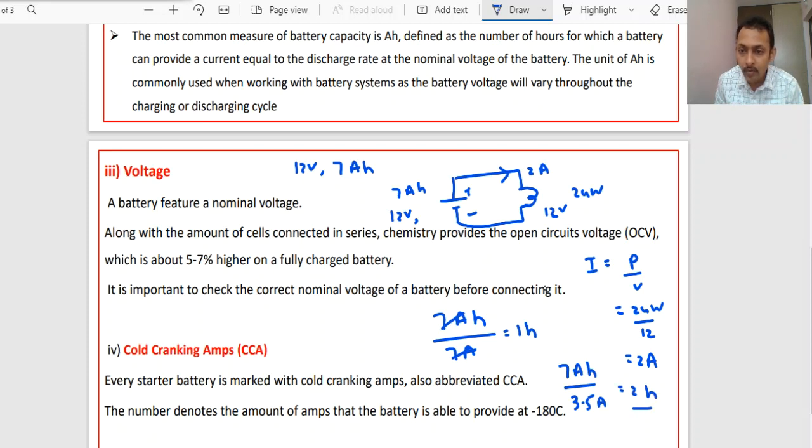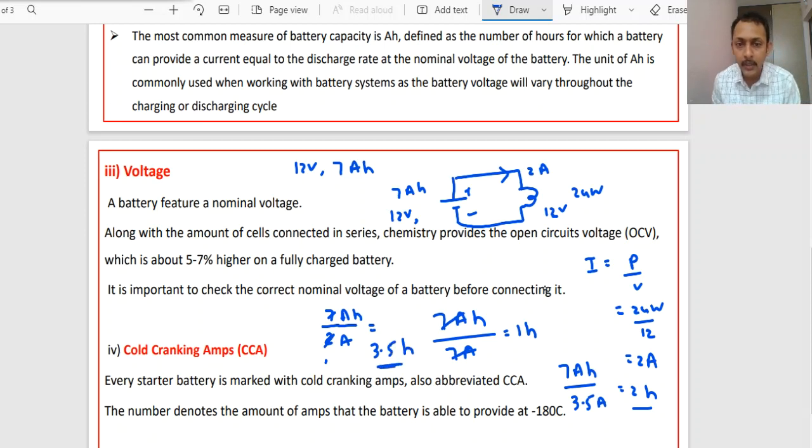But if you connect a load which is drawing only 2 amperes, 7 divided by 2, then it will work for a period of 3.5 hours.